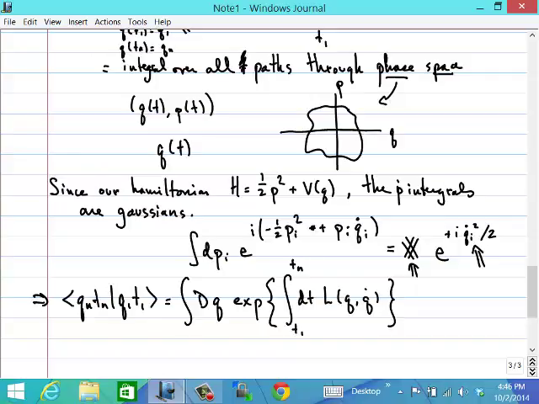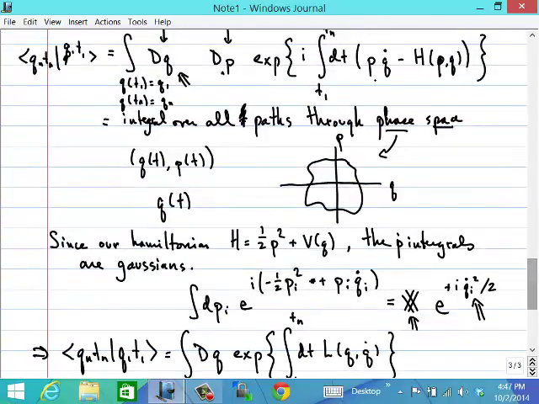Indeed, hopefully you remember the definition of the Hamiltonian was p q dot minus L. So that means that p q dot minus the Hamiltonian is just another way of writing the Lagrangian.